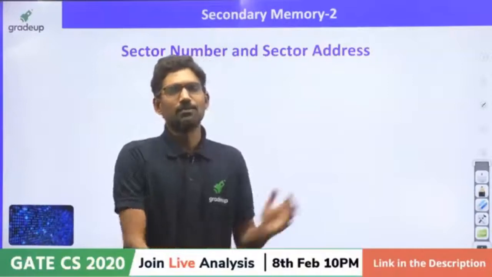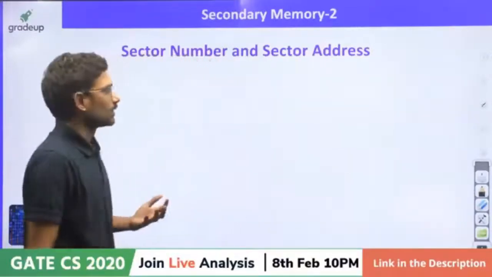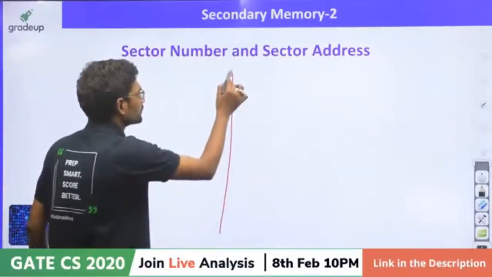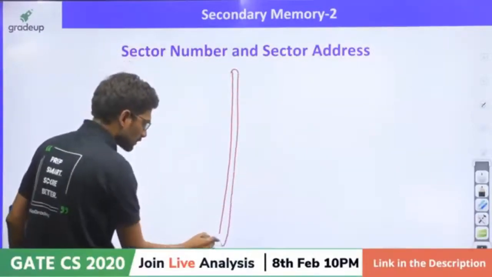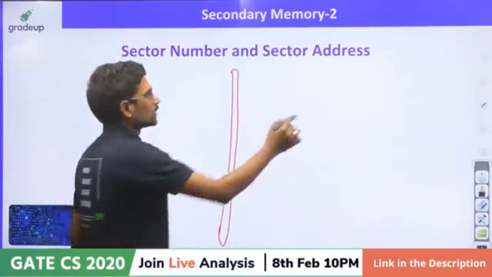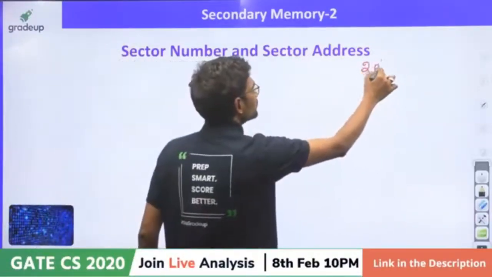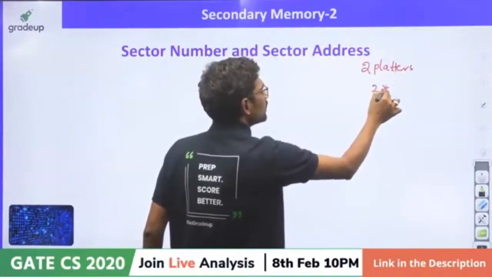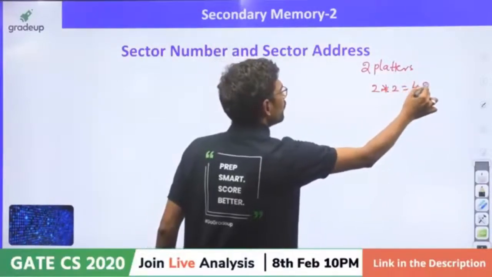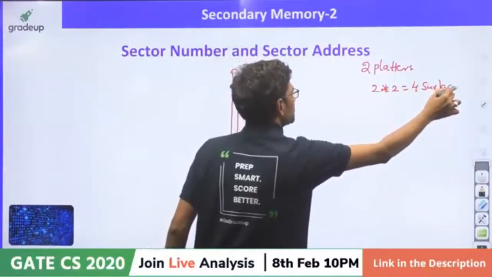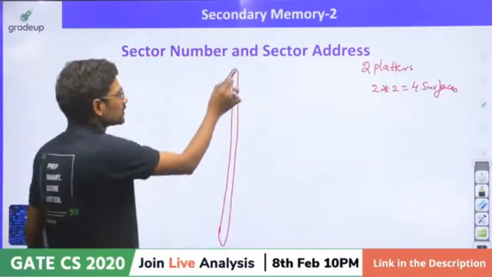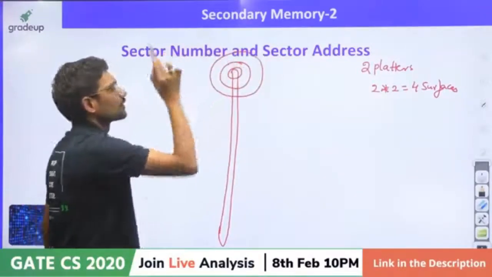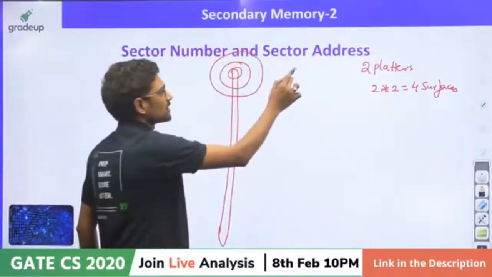Just a quick brief about this again. This is the spindle. There are two platters, so we will have 2 multiplied by 2, 4 recording surfaces. Let us assume this is the first surface.